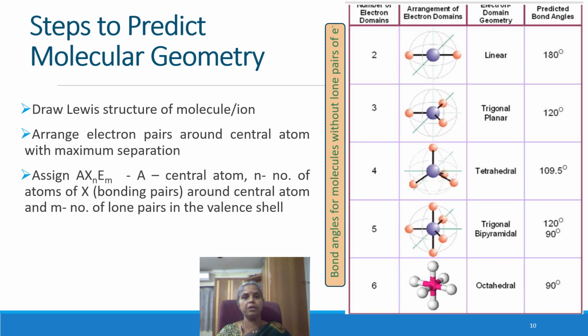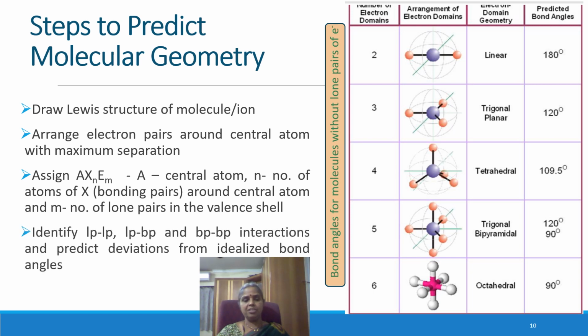E will refer to lone pair. X will refer to bonded atom or the bonding pairs. Now you can see A is the central atom, n is the number of bonded atoms, which is X, and m is the number of lone pairs of electrons in the valence shell. Then you identify molecular geometry based on lone pair, bond pair, and bond pair repulsive interactions, and then predict the bond angles.